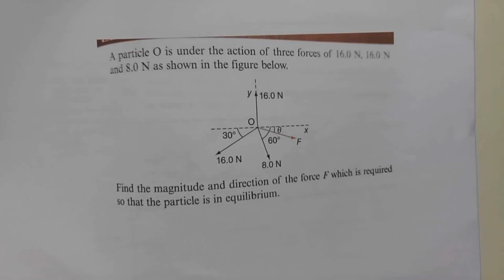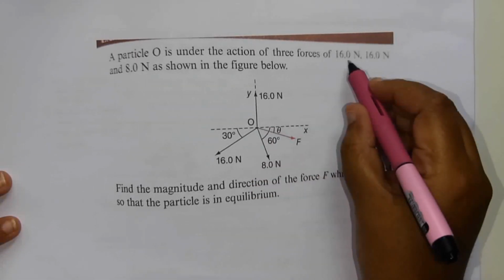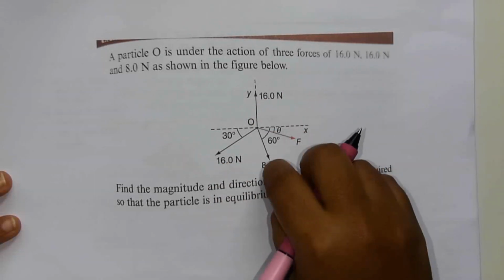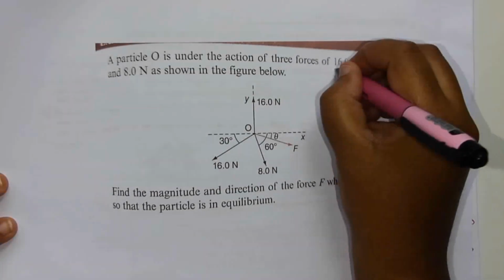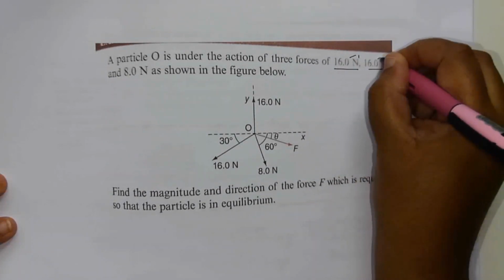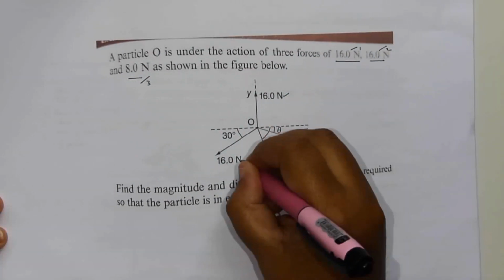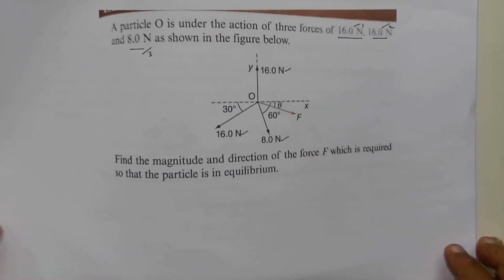The next question will be example 7.4, page 171 from your textbook. A particle O is under the action of three forces: 16, 16 and 8, as shown in the figure below.